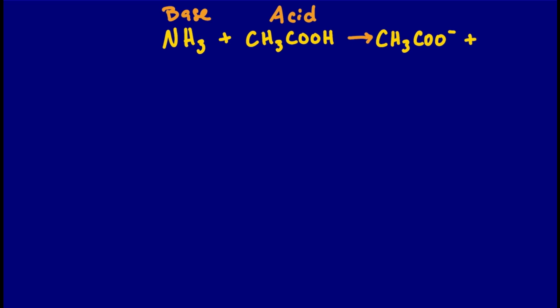If we're net neutral in the beginning, we're most likely going to be net neutral at the end as well. So your acid is going to become negatively charged after it gives away its proton. And then once our base accepts that proton, gains another hydrogen, it's going to be positive.